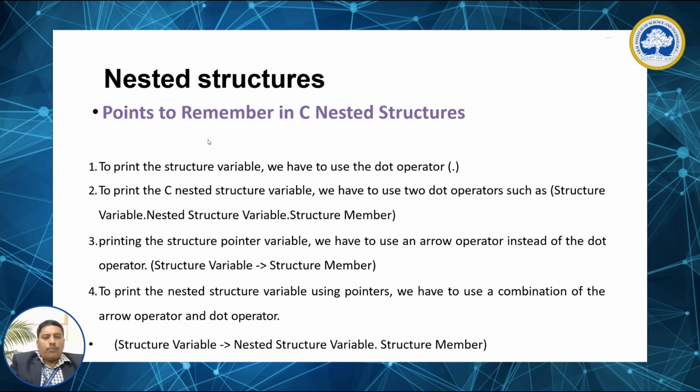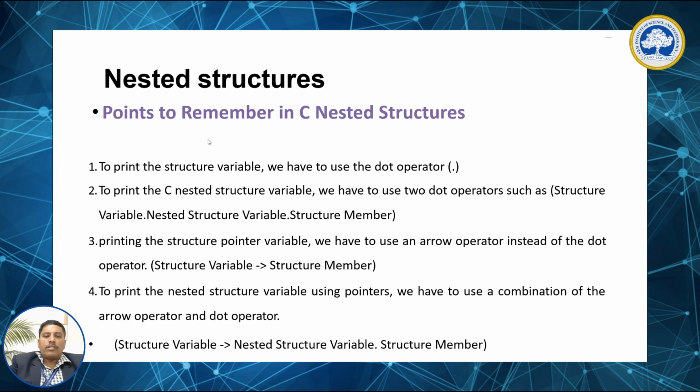These are the points to remember whenever we use nested structures in C programming. The very first point: to print the structure variable, we have to use the dot operator. To print the nested structure variable, we have to use two dot operators such as structure variable dot nested structure variable dot member. To print using a structure pointer variable, we have to use an arrow operator instead of the dot operator.